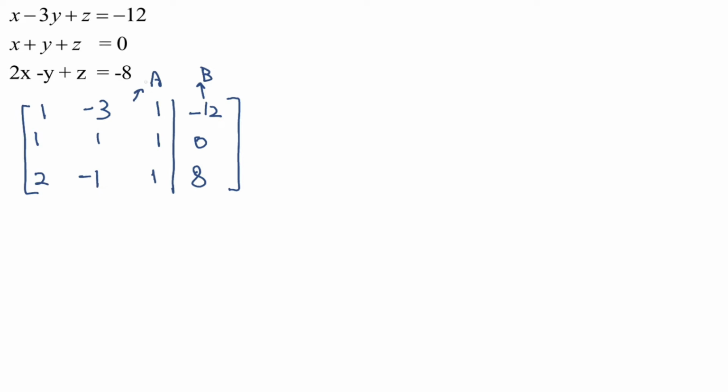Step 1, you want to obtain the leading diagonal here as 1. Since it is already 1, we can skip step 1. Now we move to step 2. Here, you want to obtain the element under the leading diagonal at the first column to 0.